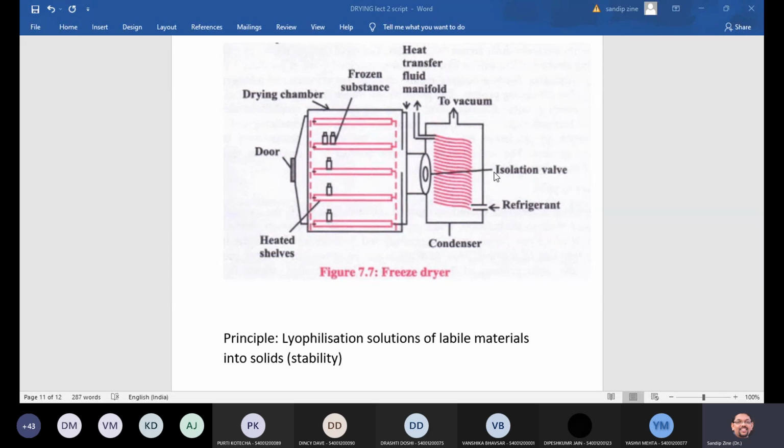The vacuum pump is also connected, which causes evaporative cooling. So the vacuum system consists of a separate vacuum pump connected to an outside condenser and the attached product chamber. So this is the overall construction of the freeze dryer.